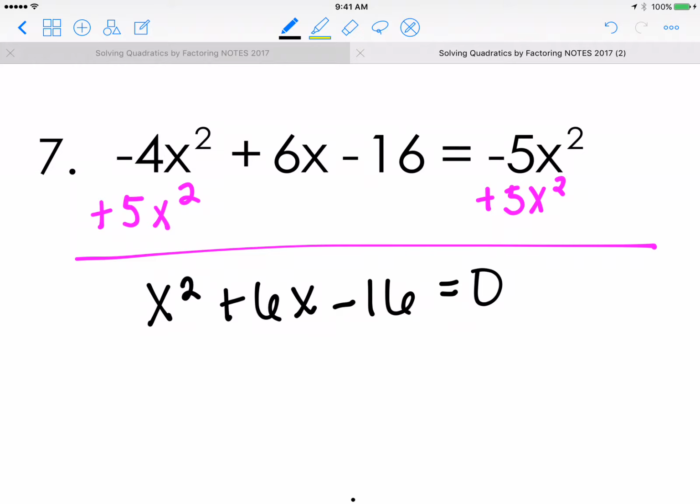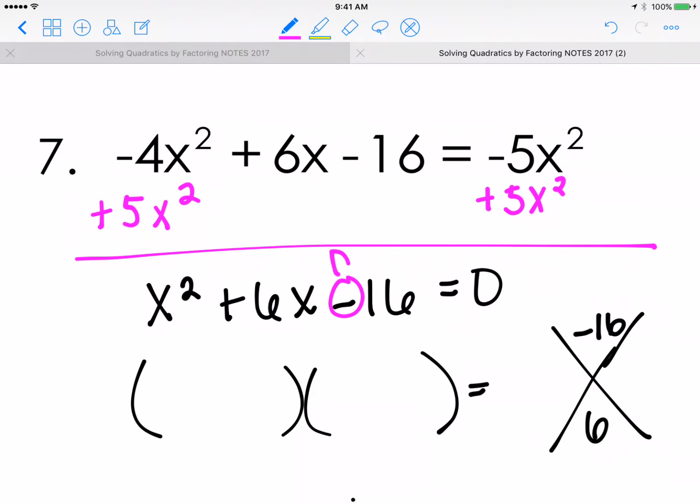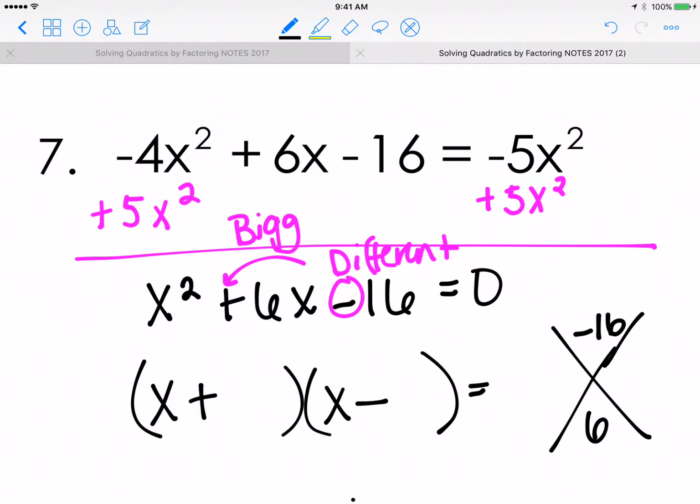So now let's factor. What are factors of negative 16 that are going to give us 6? Well, my signs have to be different, and my bigger number is going to be a positive. So I have x plus something, x minus something.